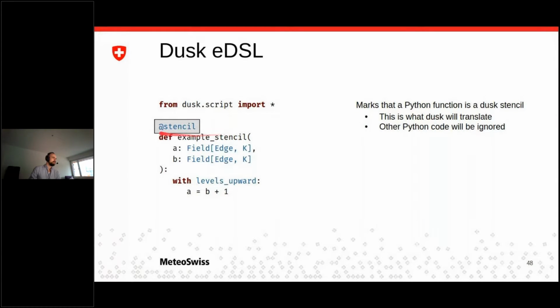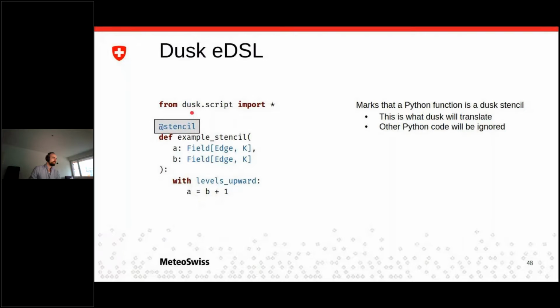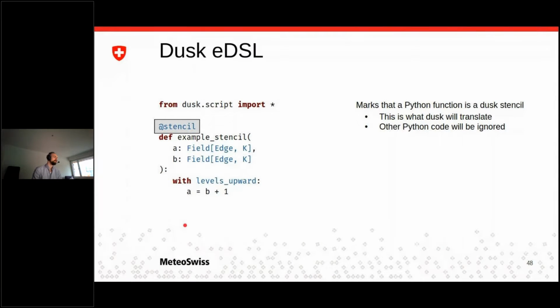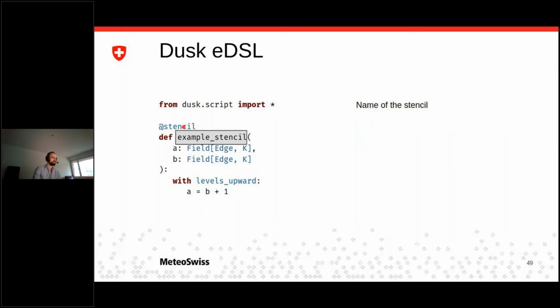And that's the code that Dusk will look at. The command line tool or the translation functionality will focus on these Python parts and translate them, and other Python code will be ignored. So you can also have other Python code in here, and Dusk will ignore it, so you can intermix it. Yeah, that's how the marking works for Python functions.